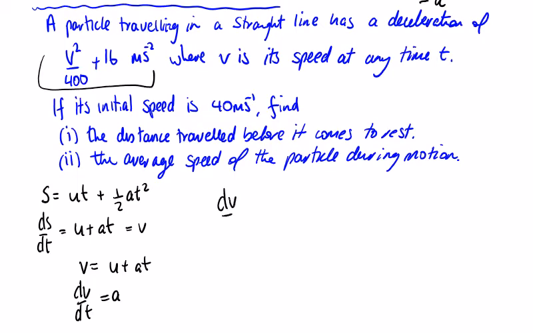So can I set up an equation with dv dt that will allow me to sub in the a and get back to s? So we have ds dt, which is velocity, and I would have to multiply this by dv ds to get dv dt. So my acceleration dv dt is equal to ds dt by dv ds, which is my velocity, by dv ds.